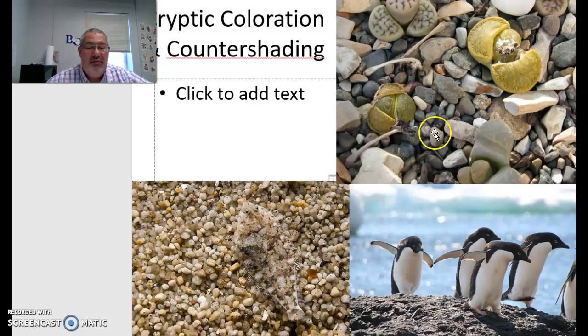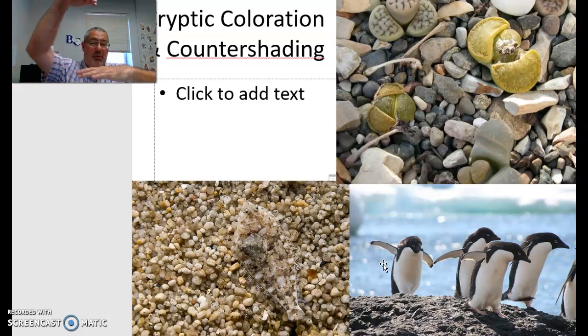So, development of some form of camouflage, in this case cryptic coloration, or this type of camouflage in the penguin is called counter shading. The ventral surface is white, the dorsal surface is black. That provides camouflage on both surfaces.